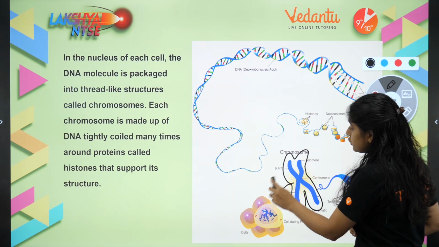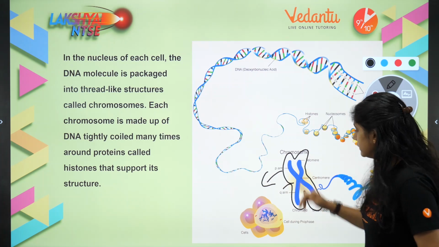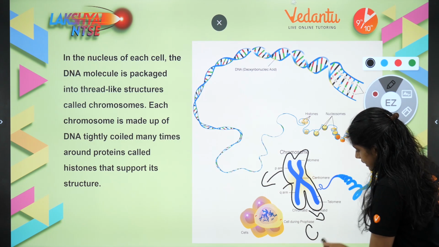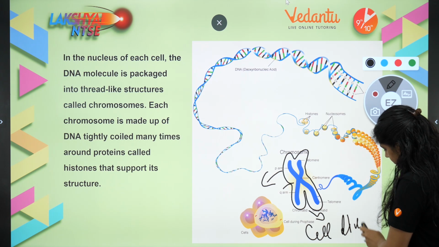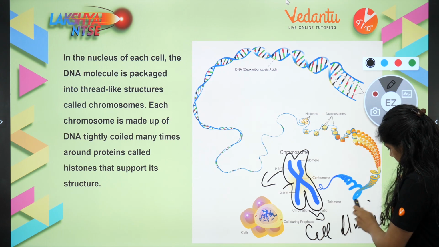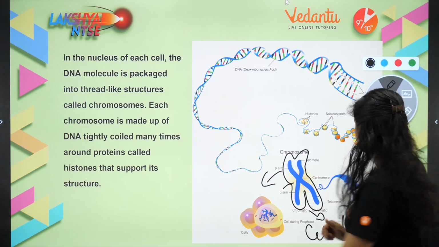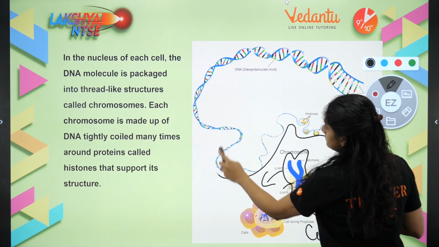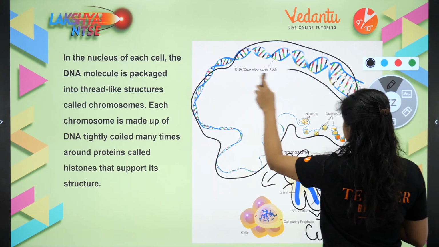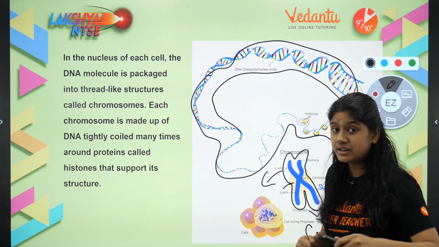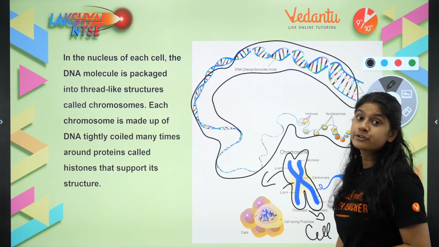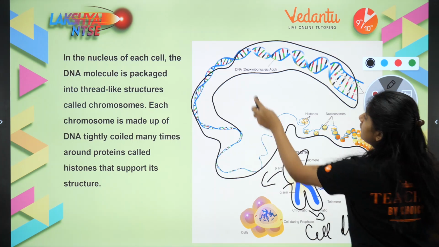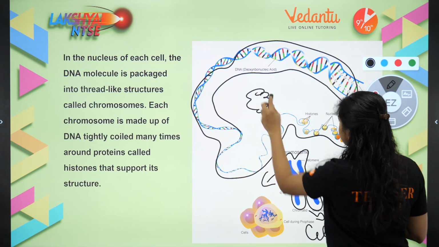This structure is not so visible. This structure appears only during cell division. Whereas this whole structure is actually tangled and forms chromatin, which is a thread-like structure.